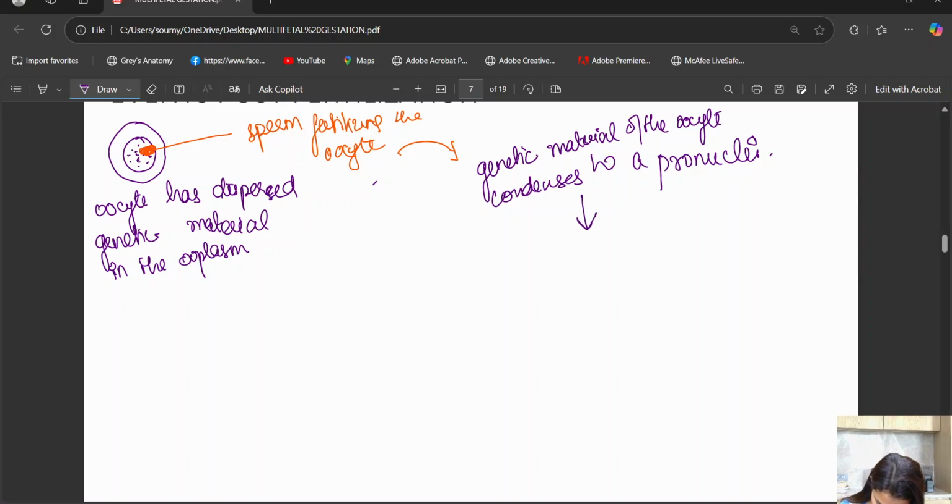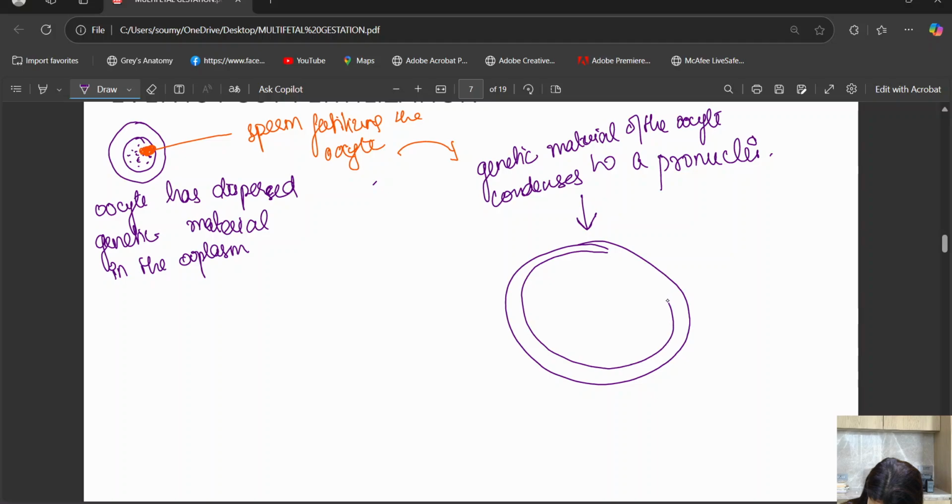So now what will happen? Now this is a zygote with two pronuclei. This is pronuclei from the mom, this is the pronuclei from the father. Obviously mother का तो 23x होगा and father का यहाँ 23x या 23y होगा. But for the purpose of this discussion, let's just say that father का भी 23x है.